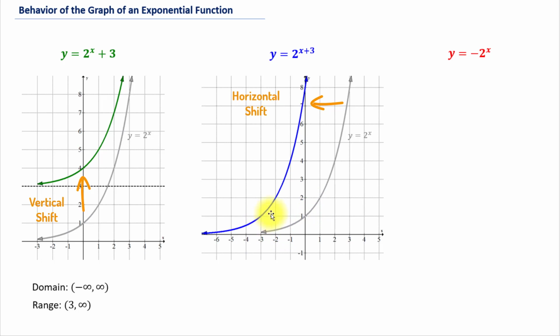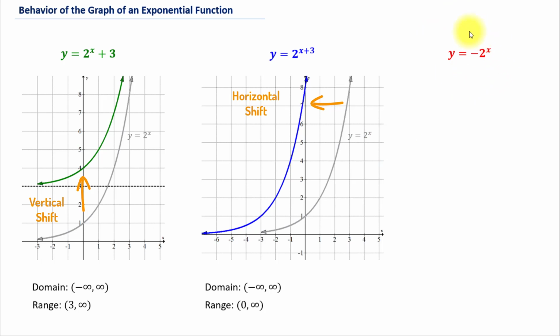This is called horizontal translation. When it occurs, we always shift in the opposite direction of the number that's being added or subtracted right next to x. Plus 3 means to the left, minus 3 would mean shifting to the right. And because we only shifted the graph horizontally, the domain and range of this function are the same as the domain and range of the basic function.